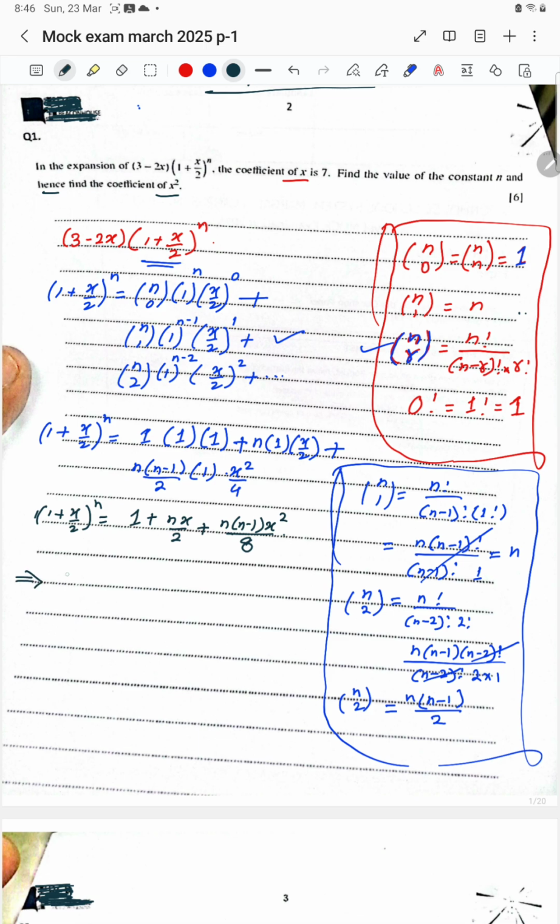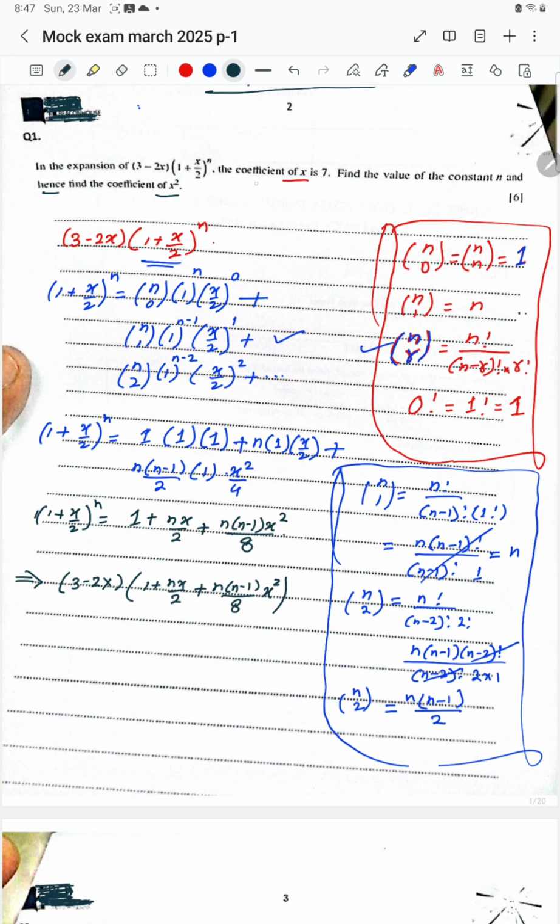So in the question we have to expand this times this expansion, so this result 1 + nx/2 + n(n-1)/8 x².